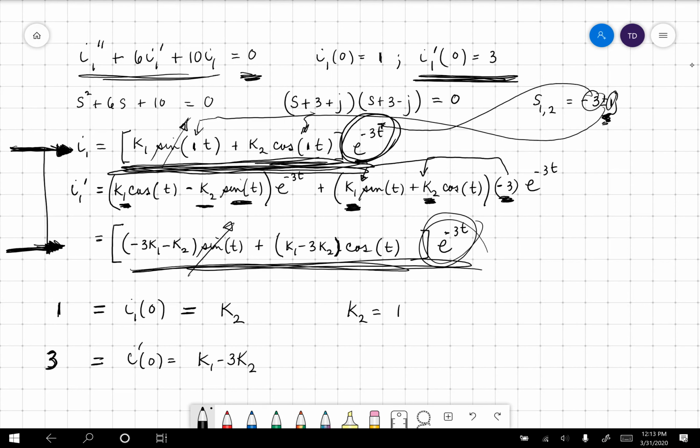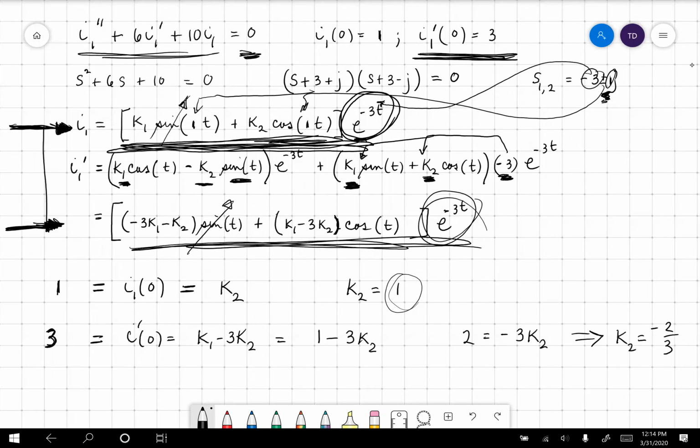So I have k1 minus 3k2. But we know what k1 is. k1 is equal to 1. So this is equal to 1 minus 3k2. I'm going to subtract 1 from both sides and get 2 is equal to minus 3k2. And therefore, k2 is equal to minus 2/3.